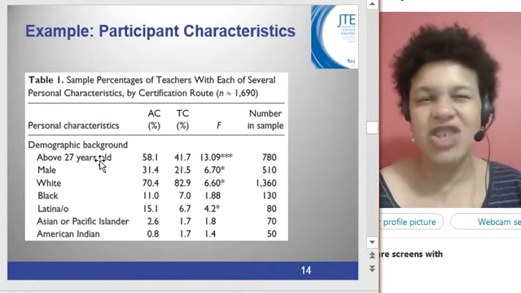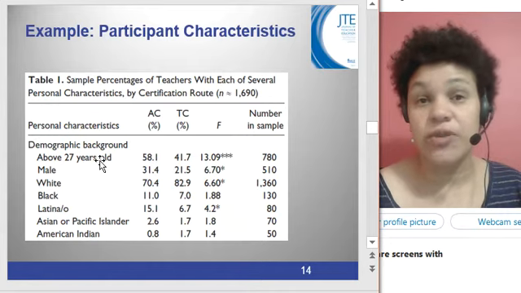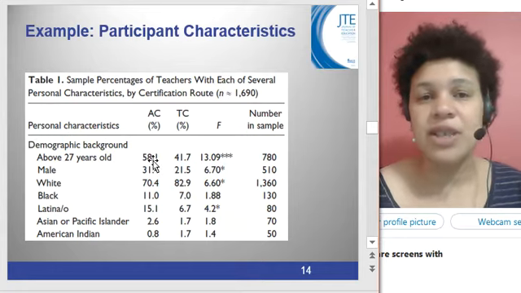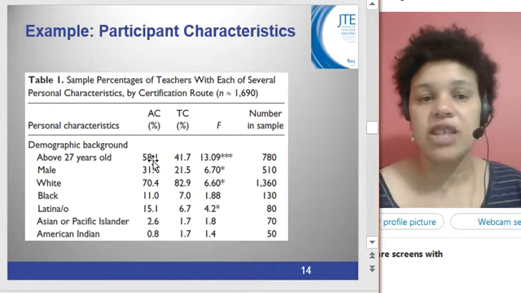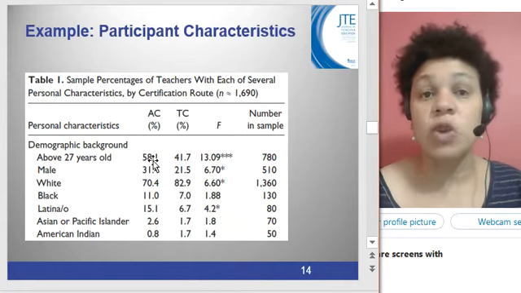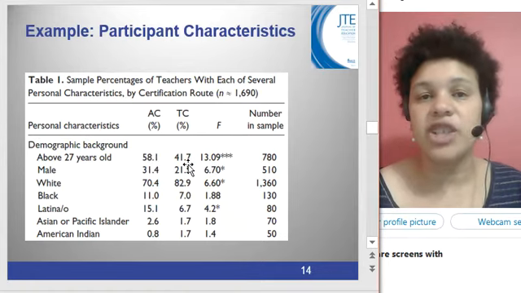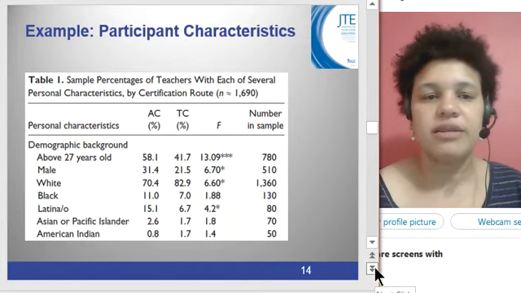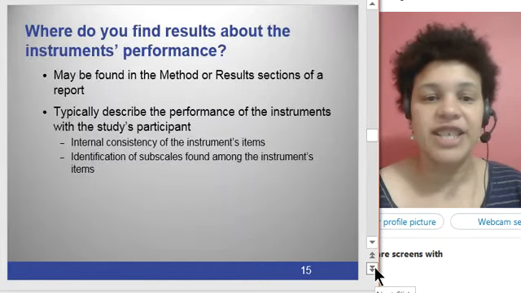Traditional college graduation age is 22, 5 years later is 27. So we see that 58% or almost 60% of alternatively certified teachers were in this older category, and only about 42% of traditionally certified teachers were in this older category. Okay, so that's participant characteristics.